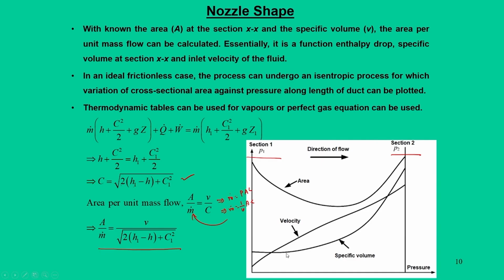Then the specific volume in the beginning stage normally does not change much, but after that the specific volume suddenly increases. The change in the area is determined by the rate at which velocity is increasing or the rate at which specific volume is increasing. So, the dominance of velocity and specific volume also determines the area change.